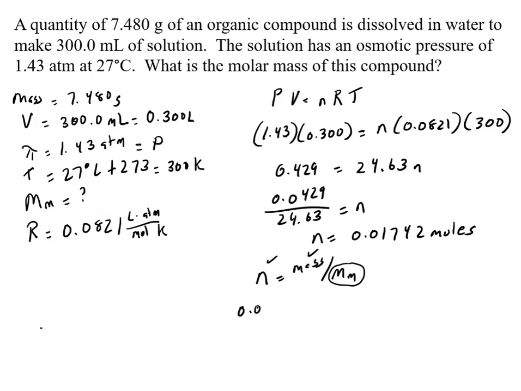So I have 0.01742. The last step is exactly the same: 7.480 divided by molar mass. I multiply both sides by the molar mass. I get 0.01742 times molar mass. And please do not round too much, okay? You'll get the wrong answer, and I will take off a point.